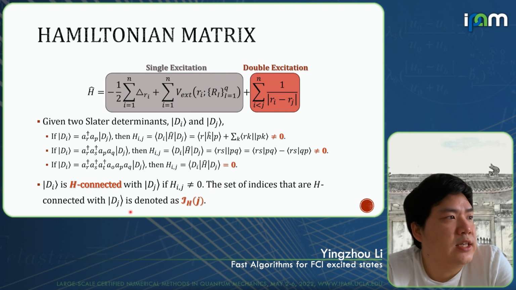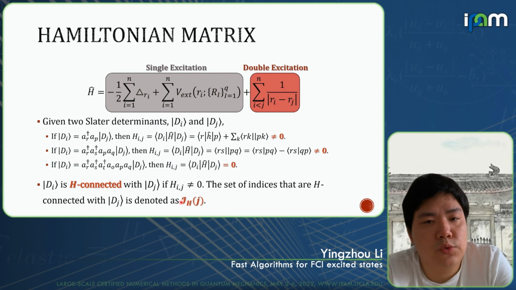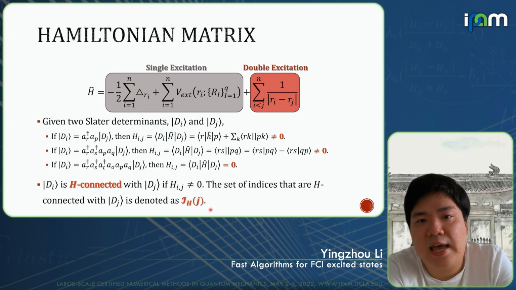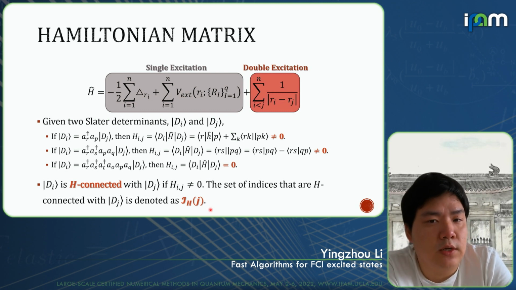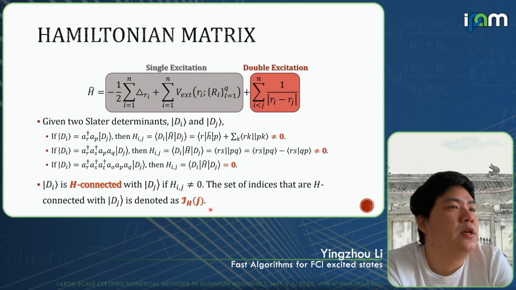Let's pick the column of DJ. Then we use the script J sub H of J to denote the set of indices of non-zero entries on the J's column of the matrix. Okay, so these are the basic setup.